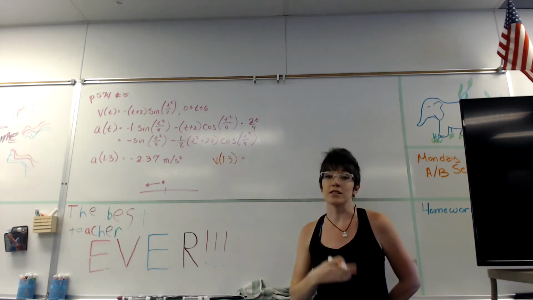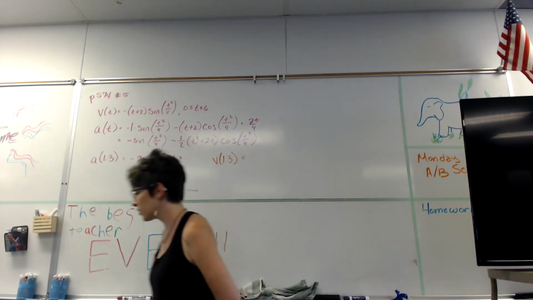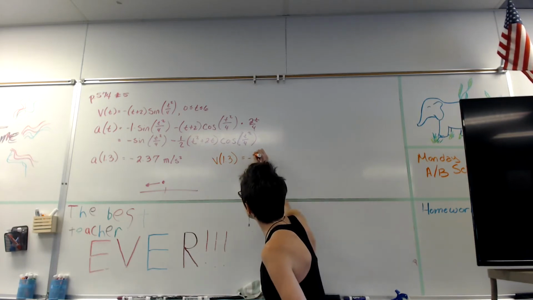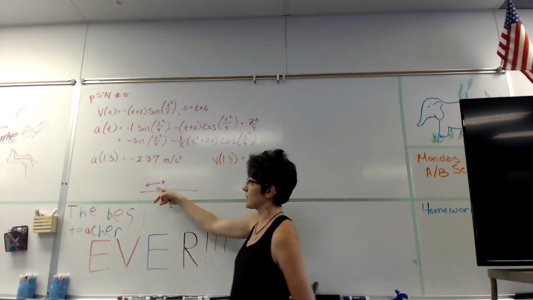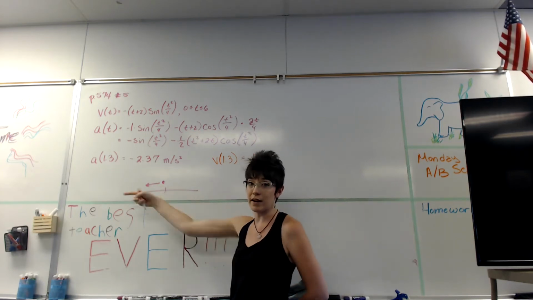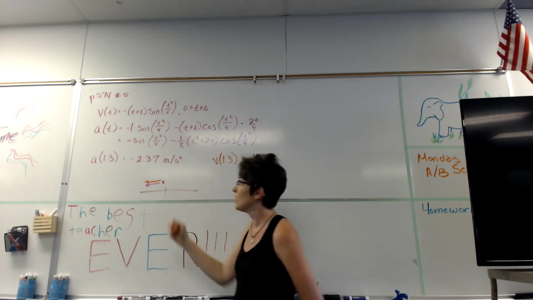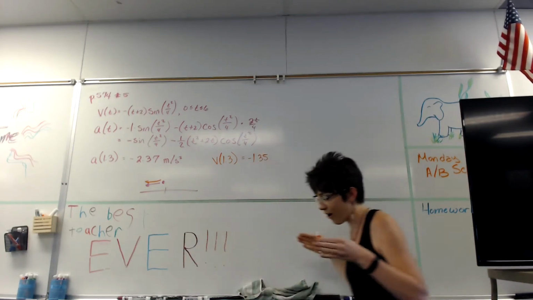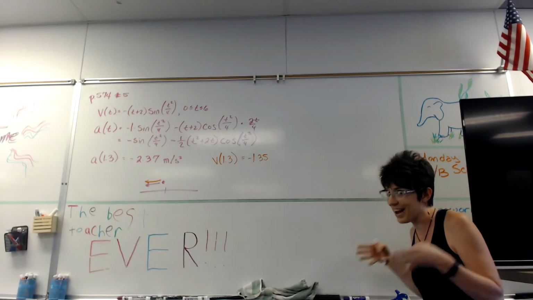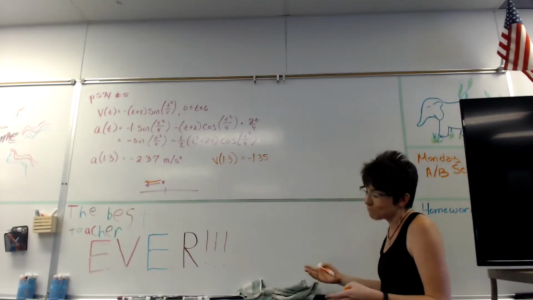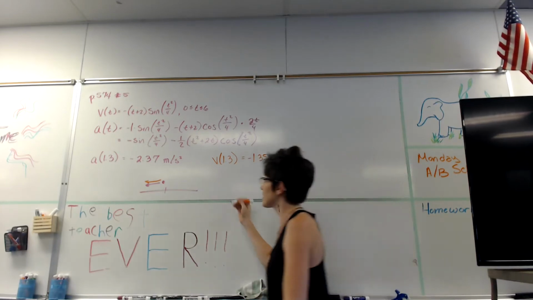Again, recommending using technology to find that value. I found that value to be -1.35. And so actually that means my acceleration is negative, but I'm also moving in that direction as well. So I am already going in the negative direction and I'm accelerating that way. I'm speeding up. So actually I'm speeding up, not slowing down.